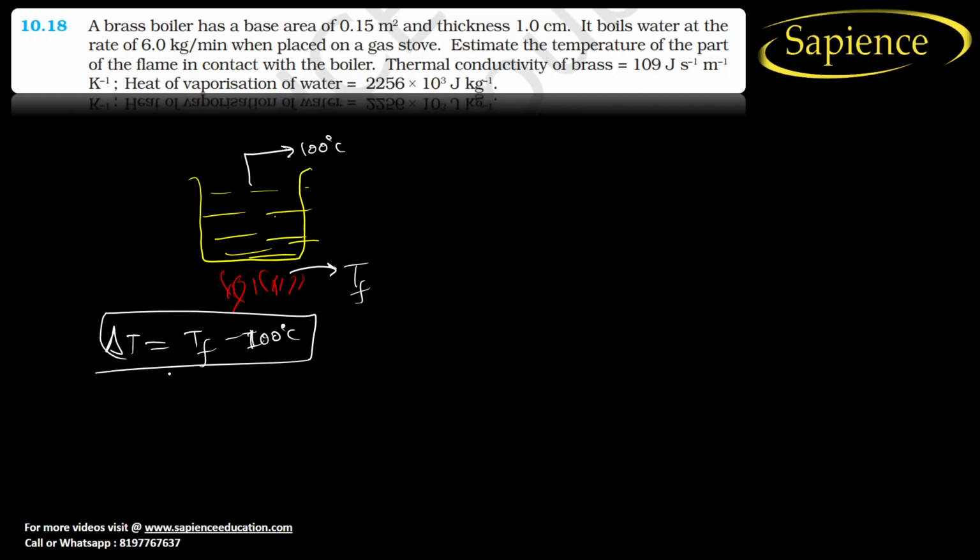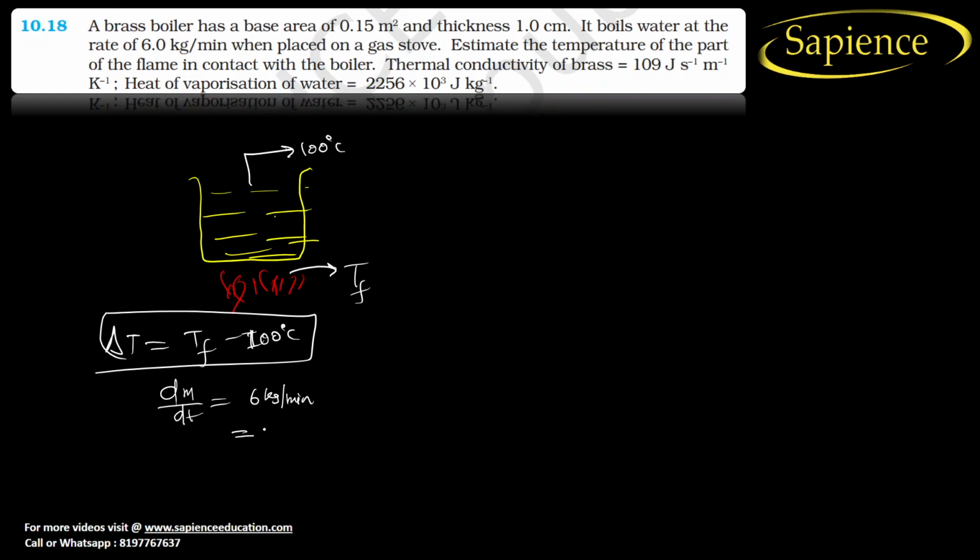Now as per the question, the rate of mass of evaporation, that is dm by dt, is given as 6 kg per minute.